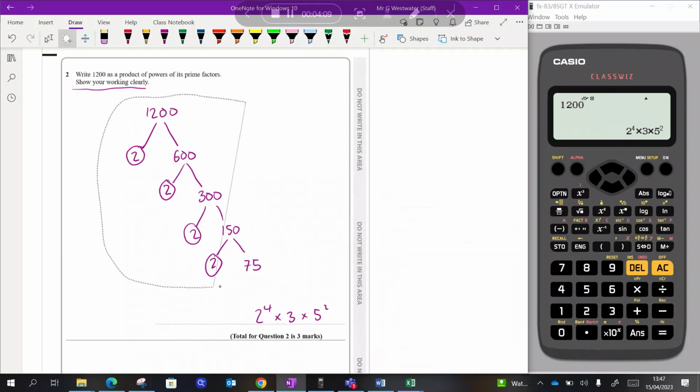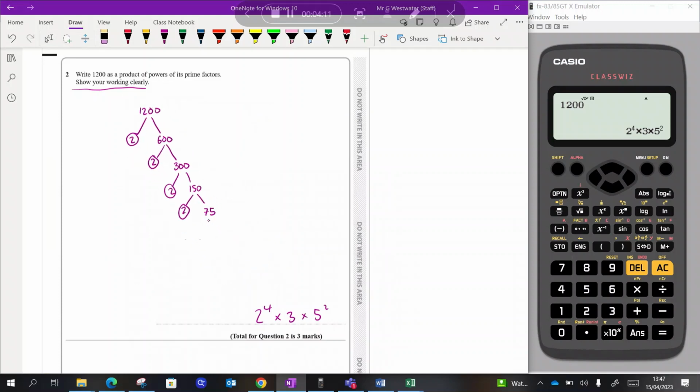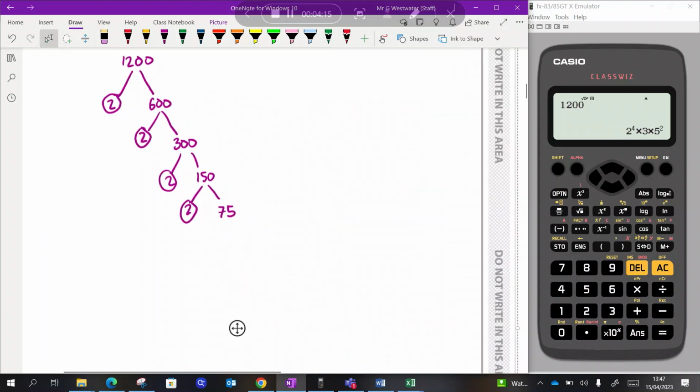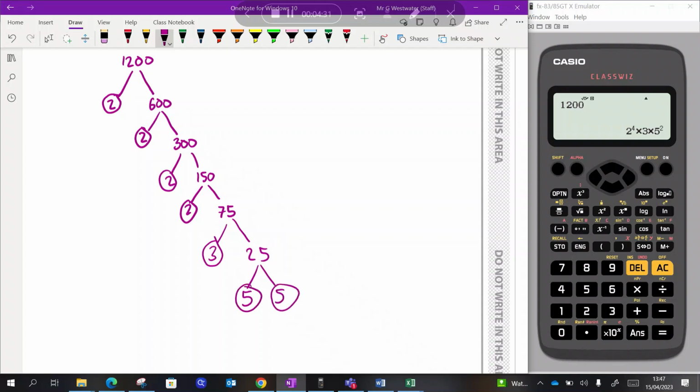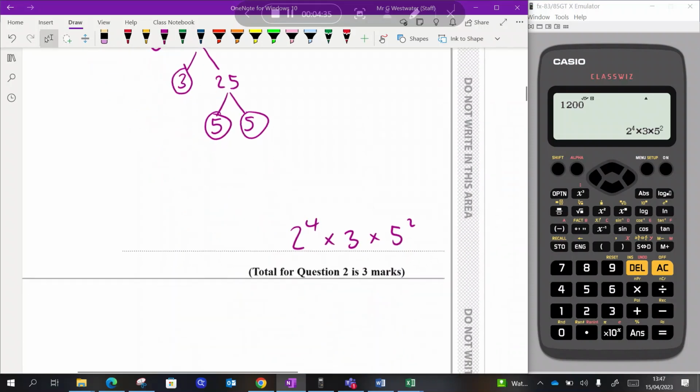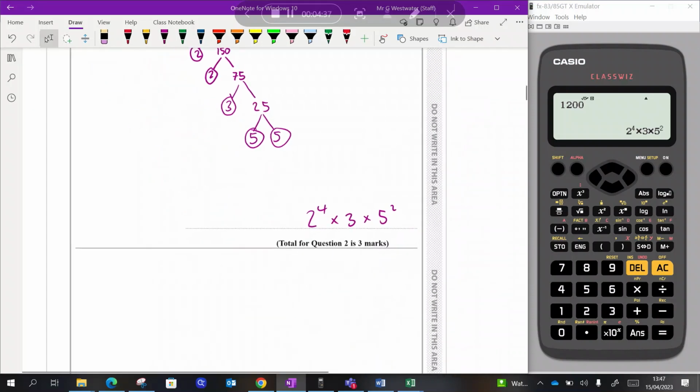Let's just make this a little bit smaller. I know you're unable to do this, but okay. So we're up to 75, and now 2 doesn't go into this, but 3 does. 3 times 25 goes into this. This is prime, and 25 breaks down into 5 times 5. So we've got 5 squared, 2 to the 4, and a single 3, which is where our answer comes from. Okay?